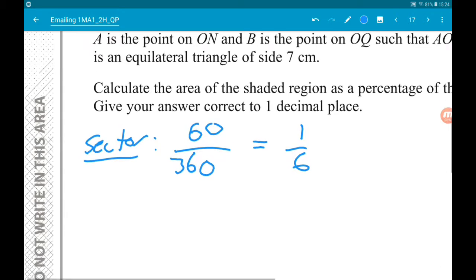So the area of this sector is 1/6 times, the radius is 11, so the radius squared is 121, so it's 1/6 times 121 pi. Now that gives us 63.36 centimeters squared.